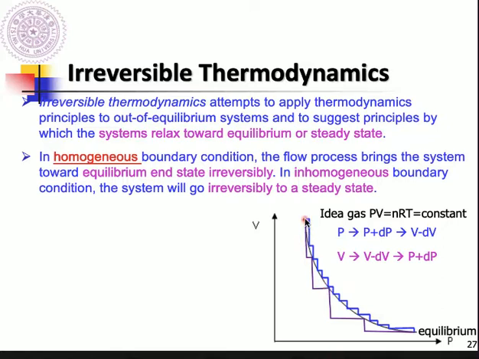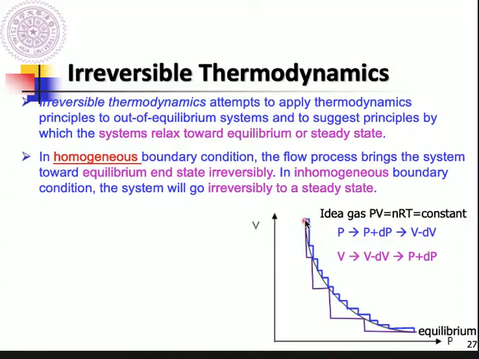Also, if you want to move from state 1 to state 2, then it's reversible. Or state 2 to state 3 is reversible. Right? But this is what we call equilibrium condition. But what's the irreversible or kinetic process?